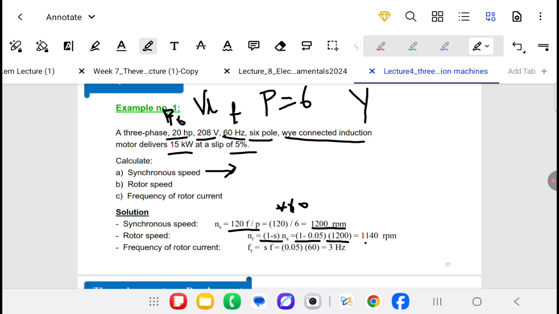Then the rotor speed is equal to 1140 RPM. The frequency of the rotor current, Fr, is S times the frequency of the stator, 0.05 times 60, which is equal to 3 Hertz.